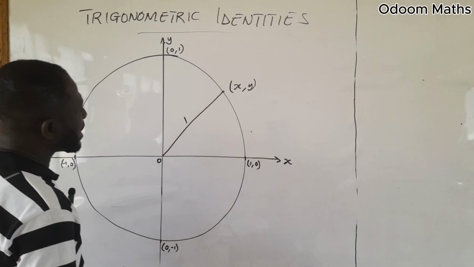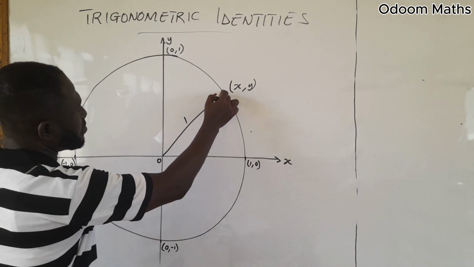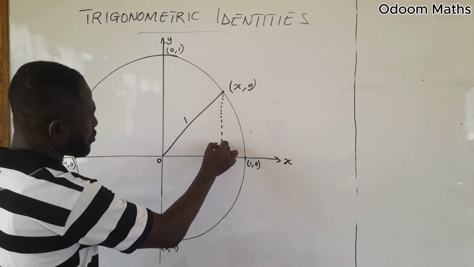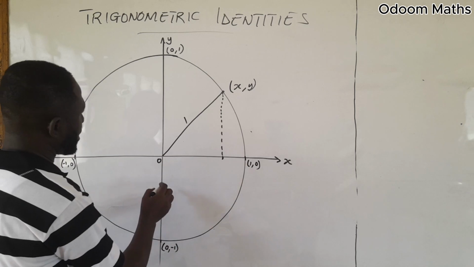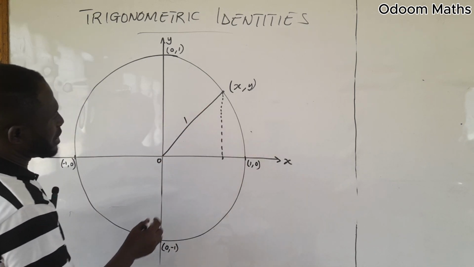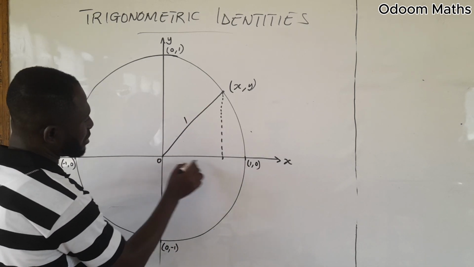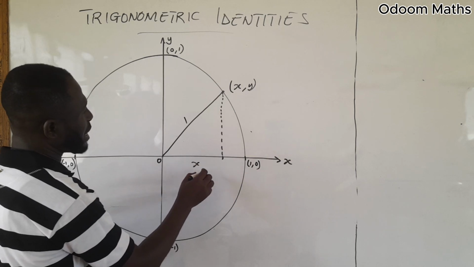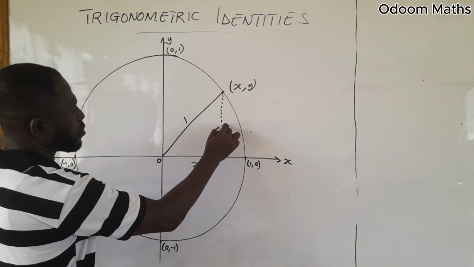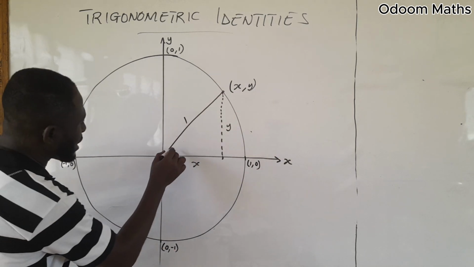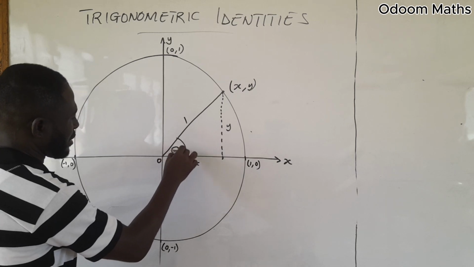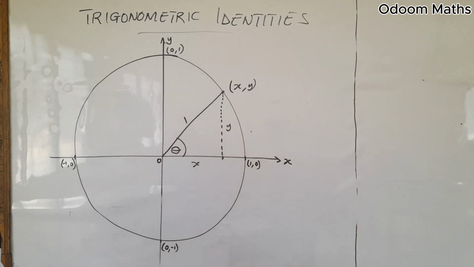Now I can trace this to the x-axis. The distance from here to here is x, and from this point to this point is y. Let me get an angle called theta here.